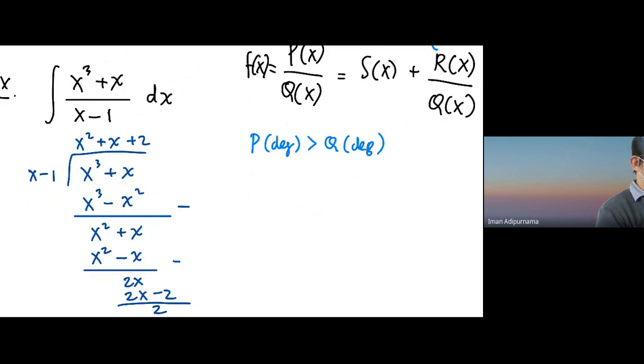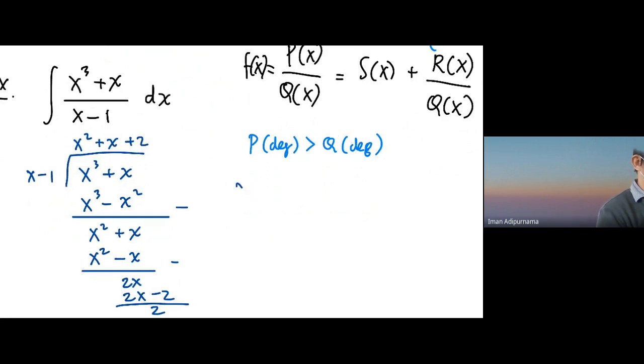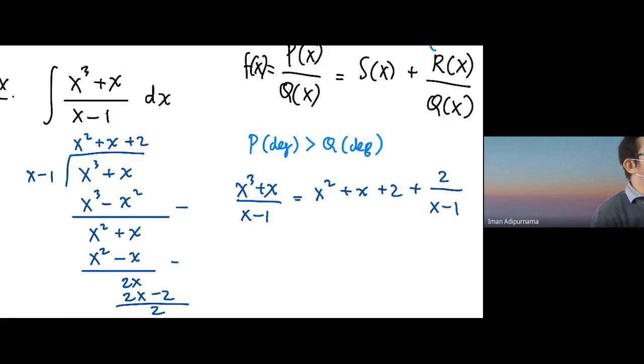So we can write the whole thing, x cubed plus x over x minus 1 is equal to x squared plus x plus 2 plus 2 over x minus 1. Okay, and if we take the integration, I think you can integrate each one. Really simple.